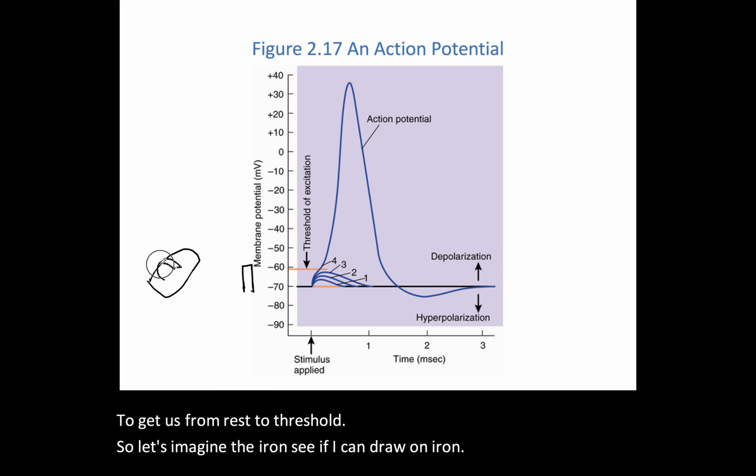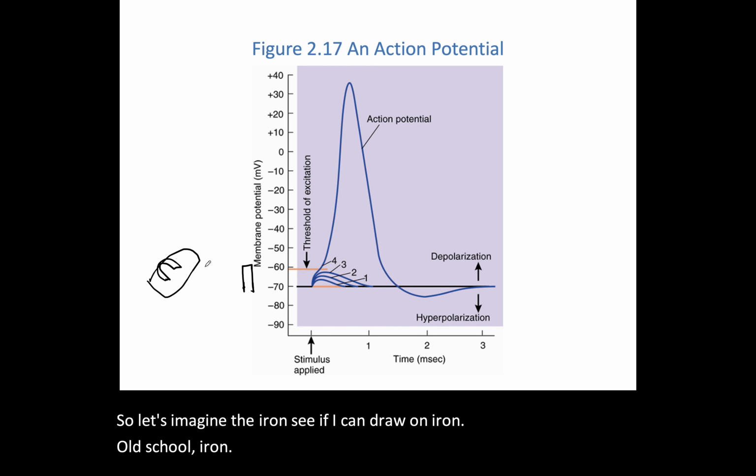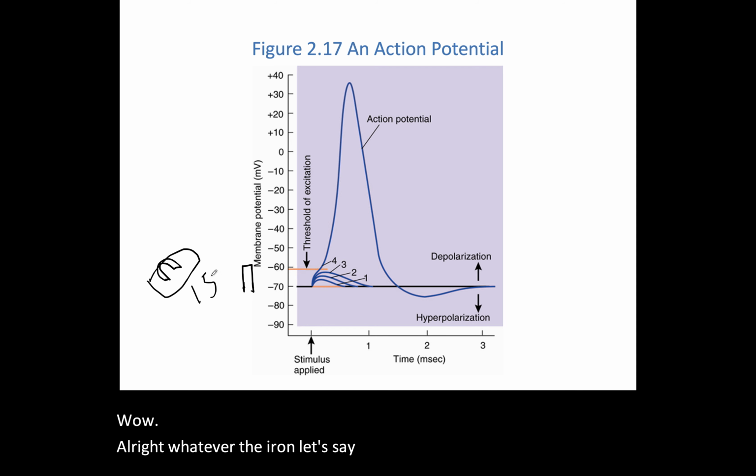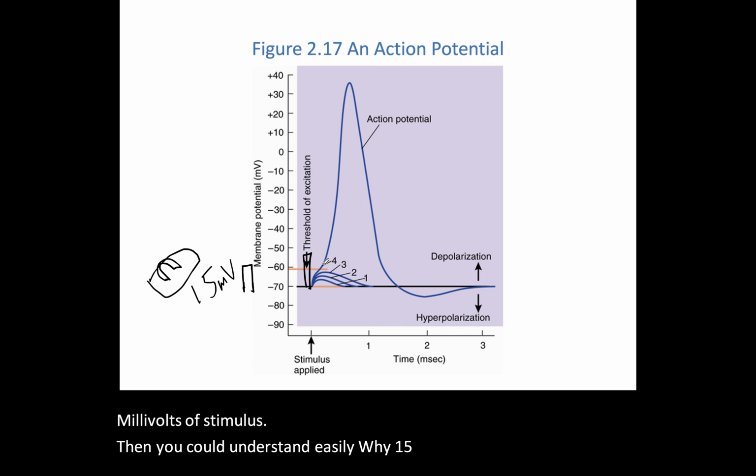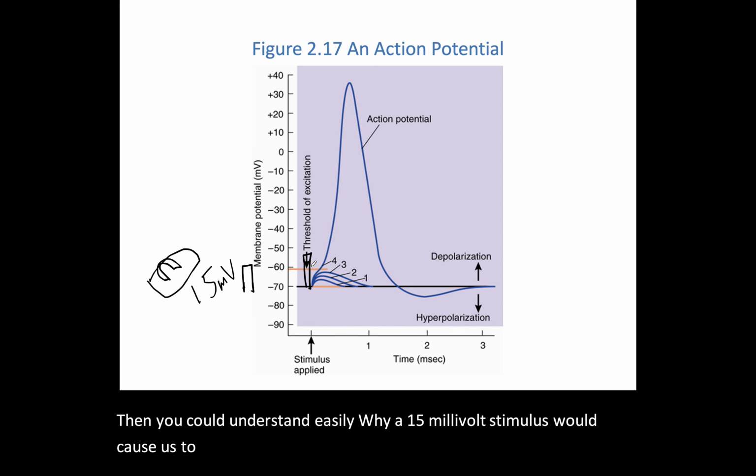Old school iron. There you go. Boy, that's terrible. Wow. All right, whatever. The iron, let's say it gave 15 millivolts of stimulus. Then you could understand easily why a 15 millivolt stimulus would cause us to withdraw our arm, because it would take us beyond threshold.